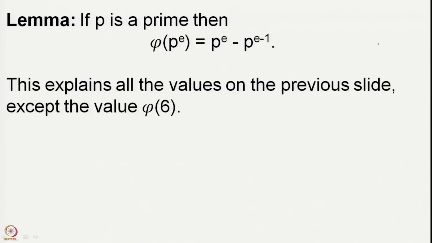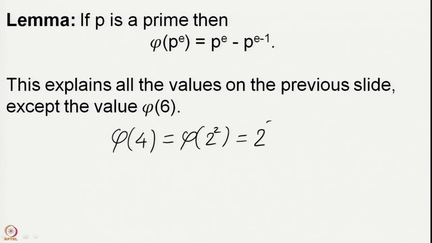So, this explains all the values on the previous slide except the value phi of 6. This is because if I wanted to find phi of 4, which is phi of 2 squared, this would be by our previous formula 2 squared minus 2 power 1, which is 4 minus 2, and therefore it is equal to 2.